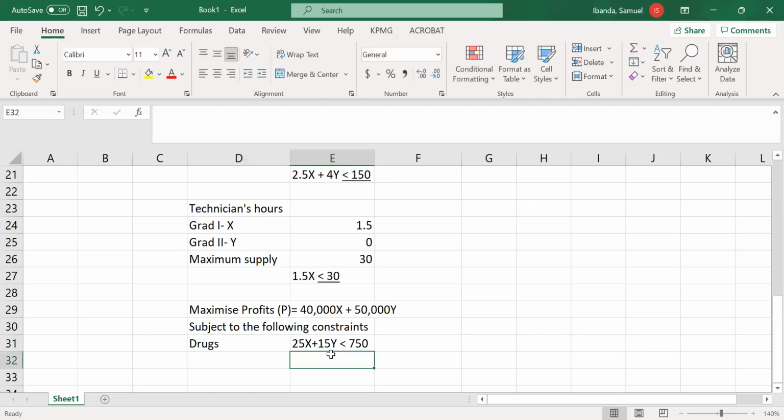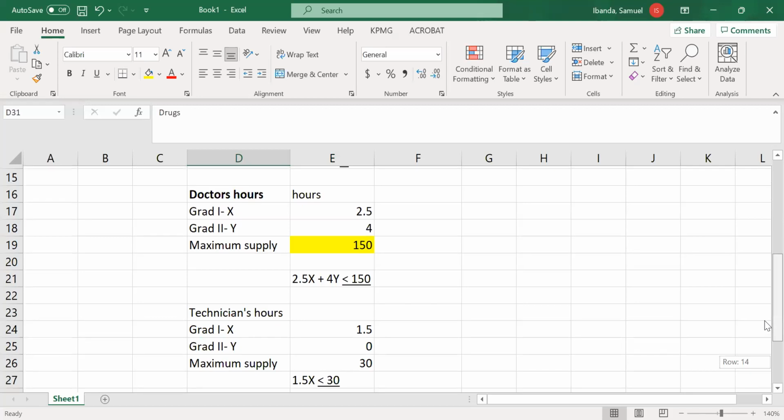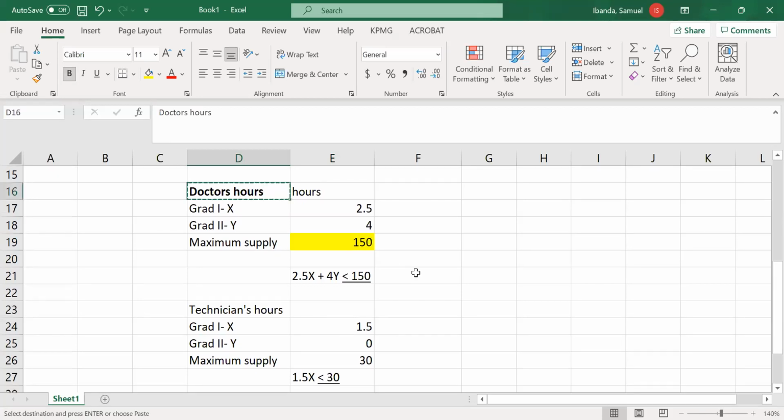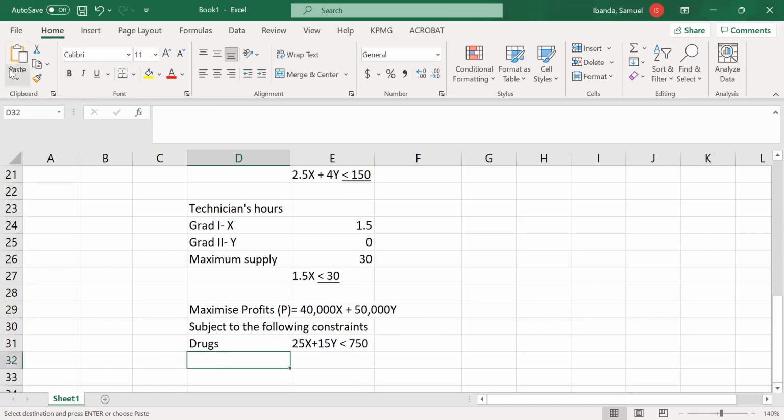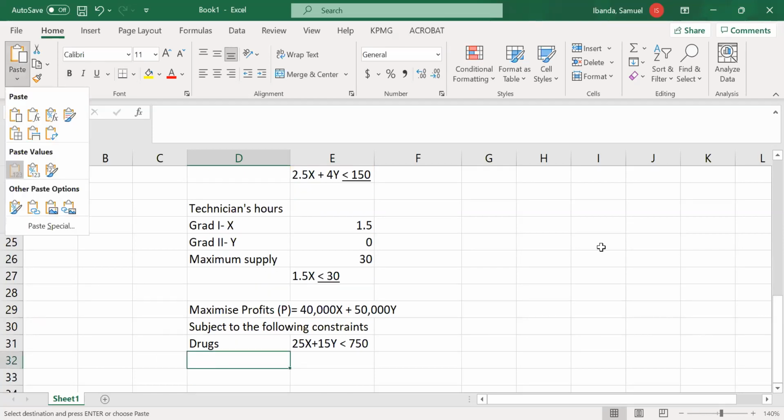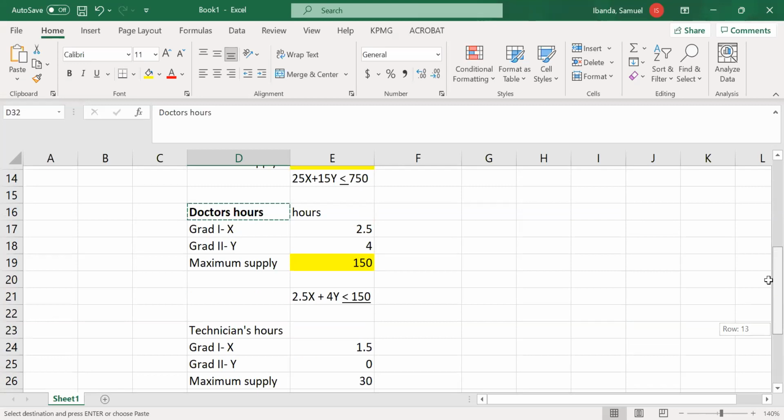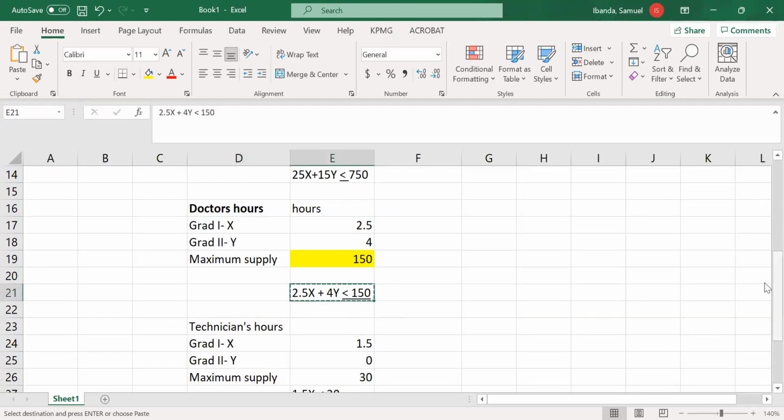Now, we are going to work with, okay, let me first finish and then I explain that. So the next one is the doctor's hour. So the doctor's hour, our equation is this.